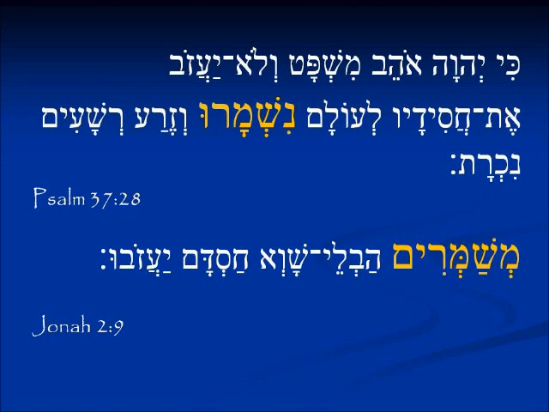These are the two examples we already looked at in the Blue Letter Bible. In Psalm 37:28, we see nishmaru, we see the nun prefix, and a different ending for a plural. They are guarded. It's a passive form. And in Jonah 2:9, mishamrim, here it's a PL form.